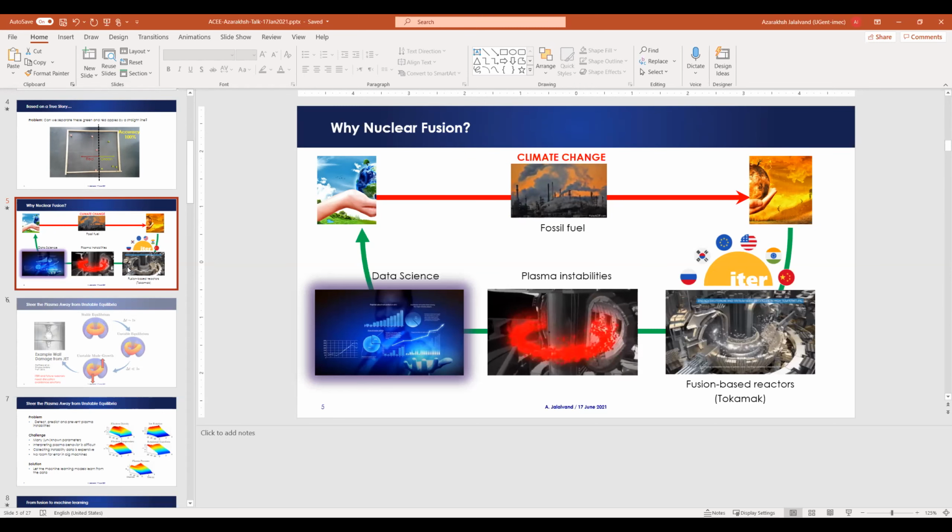Yes, thank you. A great talk, thank you very much. So disruptions are such a big problem for fusion. ITER or DEMO can hardly sustain any disruption at full power.